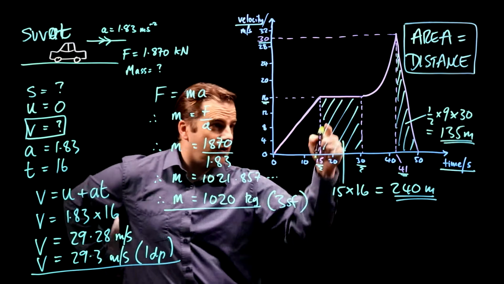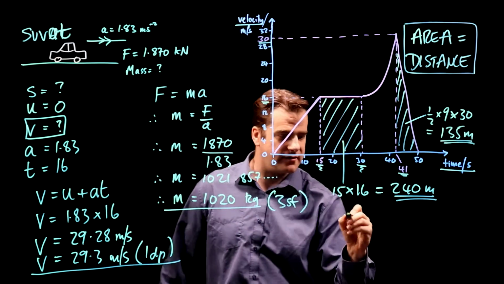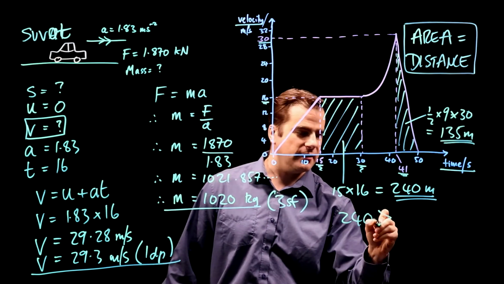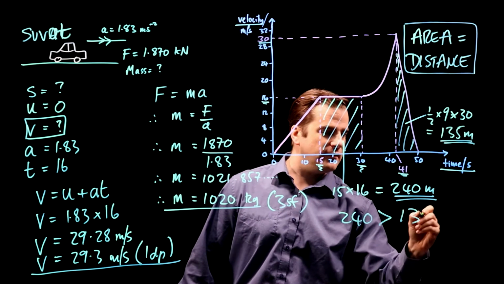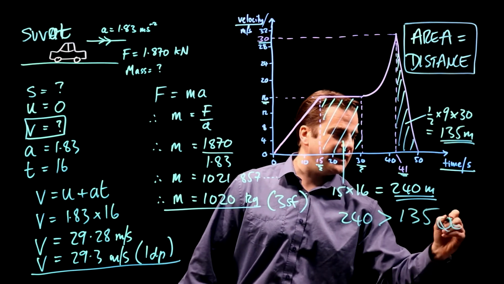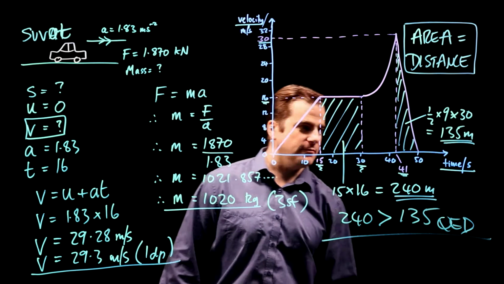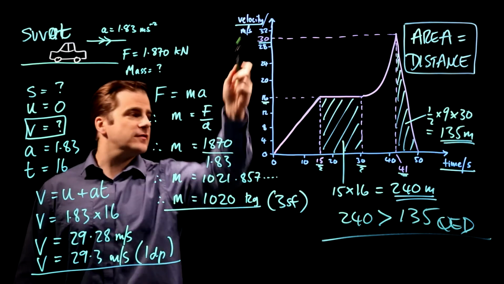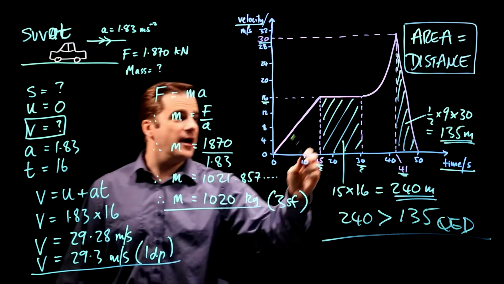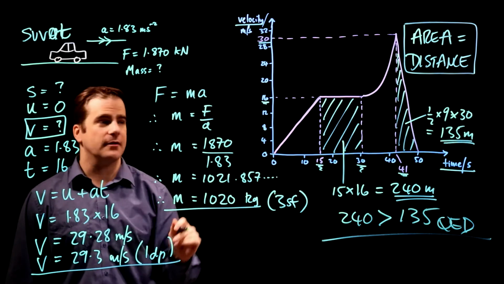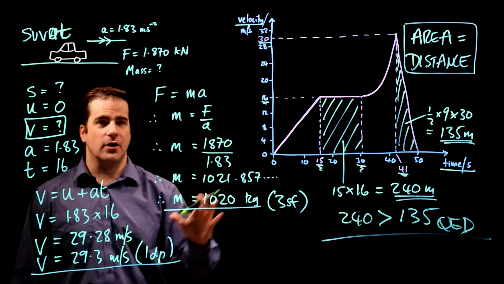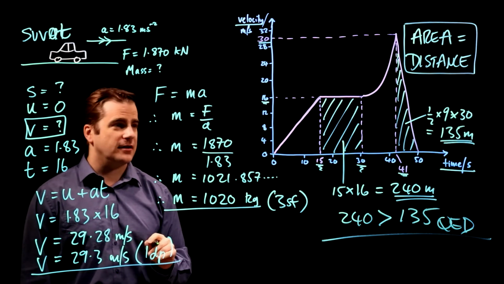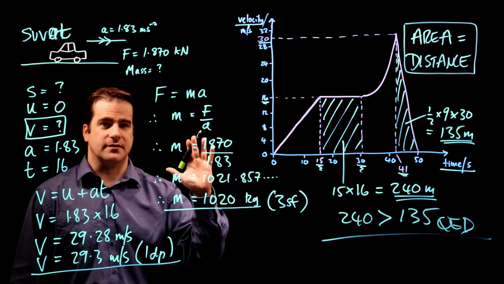We have indeed shown that that distance covered, 240, is greater than 135. QED. Done. So just remember, velocity time graphs, area under the graph is distance. That will save you a whole lot of headaches and get you a lot of marks very easily.